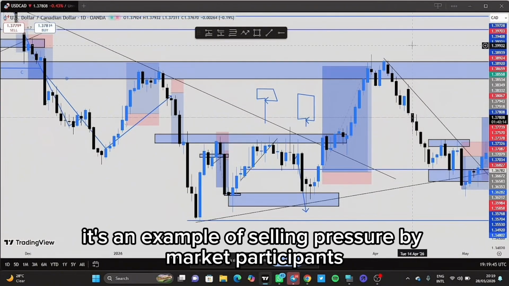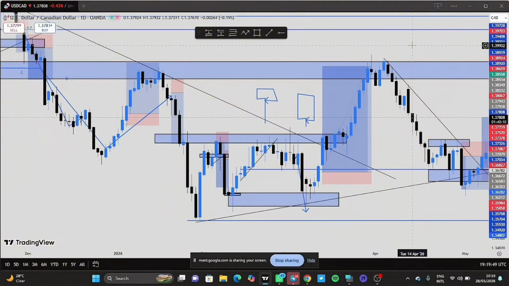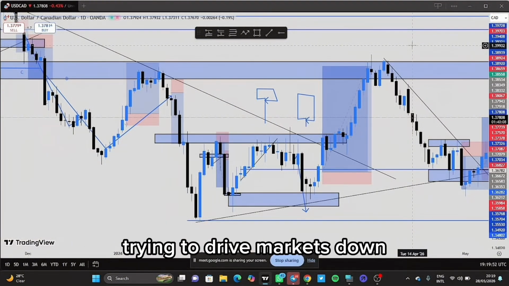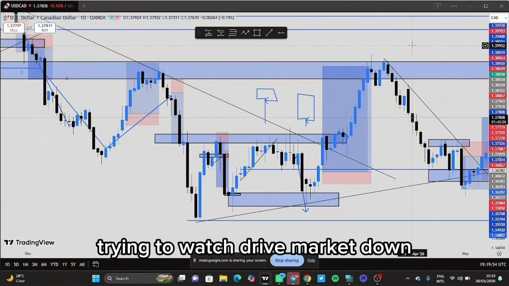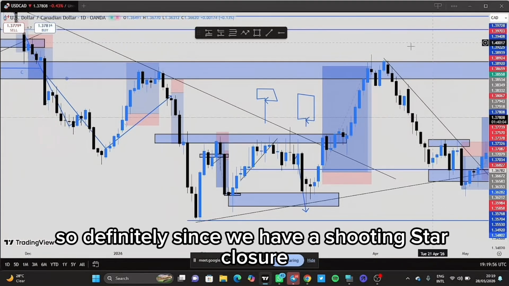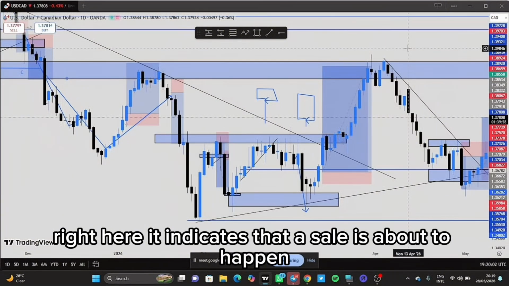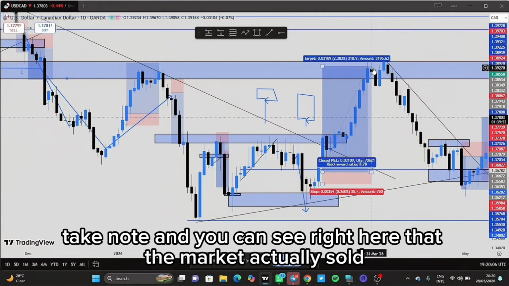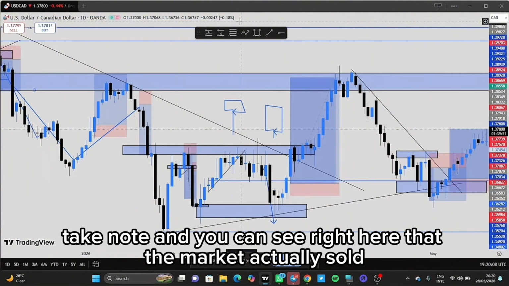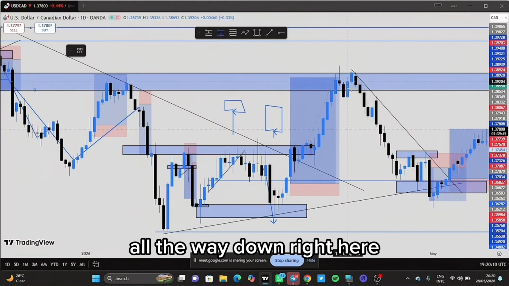It's an example of selling pressure by market participants trying to drive the market down. So definitely, since we have a shooting star closure right here, it indicates that a sale is about to happen. Take notes.